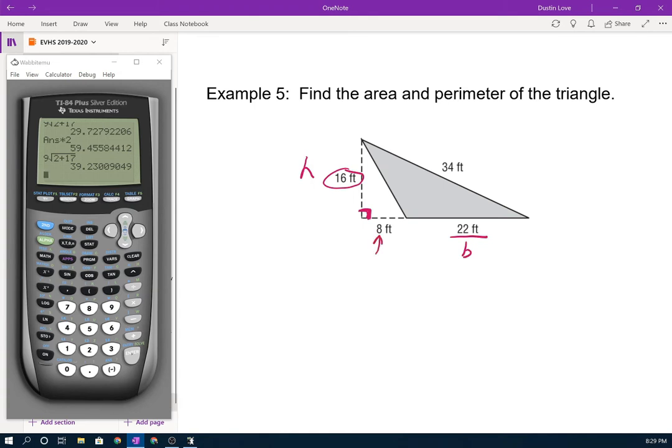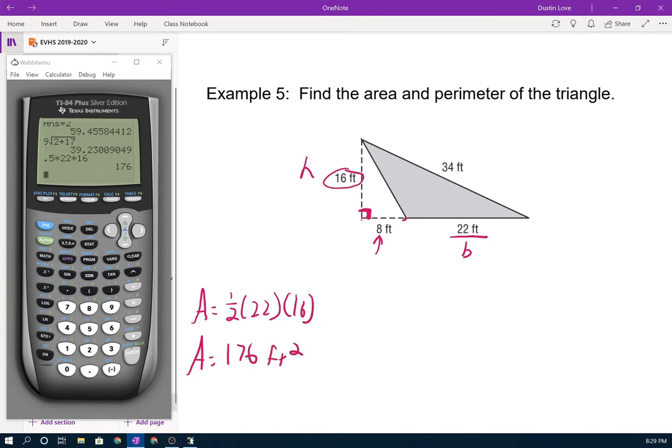The 8 is just this distance between the outside of this vertex and where the altitude is drawn. So area is 1/2 times 22 times 16. 0.5 times 22 times 16 is 176 feet squared.